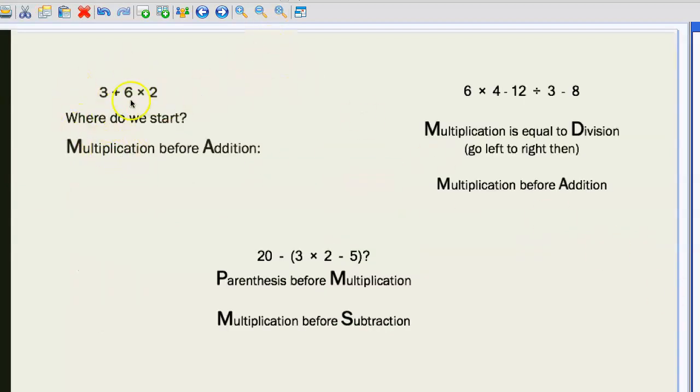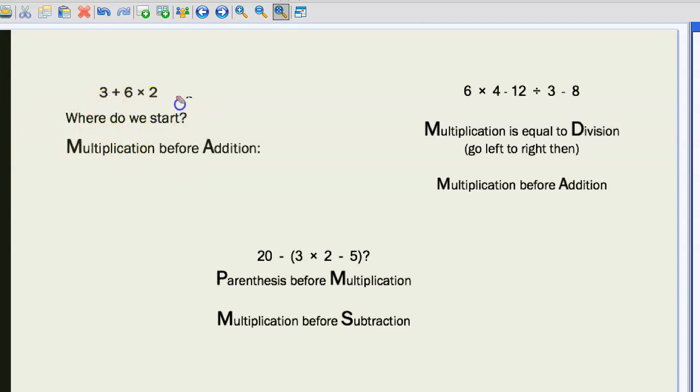All right, so 3 plus 6 times 2. Because we read left to right, we are tempted to take care of the 3 plus 6 first, which would be 9, and then to multiply it by 2. And if we did that, we would get 18. It's actually not how you do it.